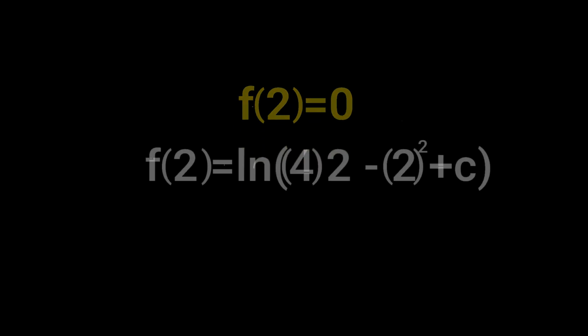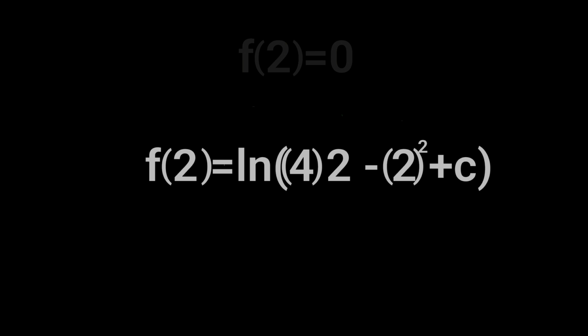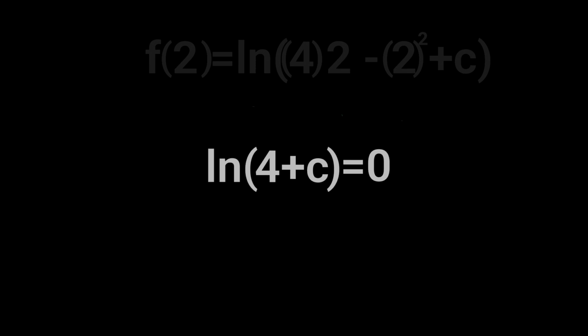So once we plug in, we have f of 2 equals ln of 4 times 2 minus 2 squared plus c. Now 4 times 2 is 8 minus 2 squared, that's 4. That gives us 8 minus 4. So that gives us ln of 4 plus c equals 0.